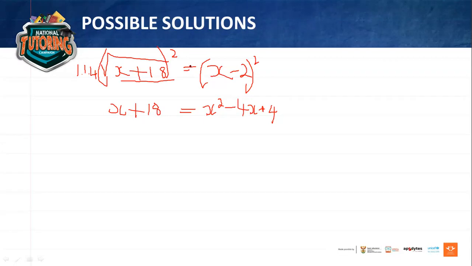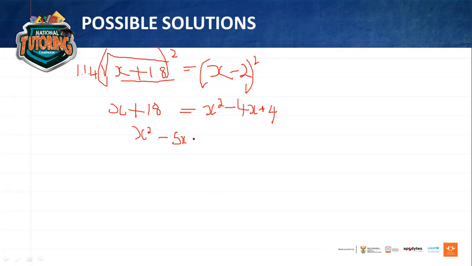Now the important part after this is you write it in standard form. Standard form is whereby you make the right-hand side become 0. So in standard form, it's going to be x squared minus 5x, because this x, when it comes over here, becomes negative.